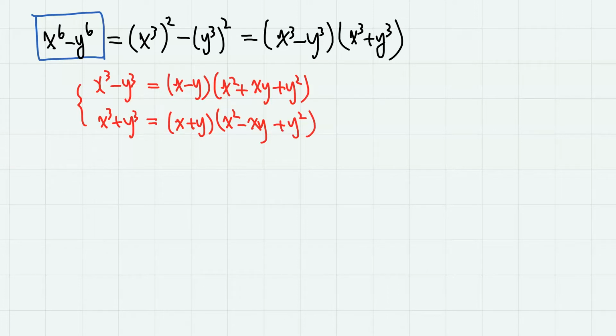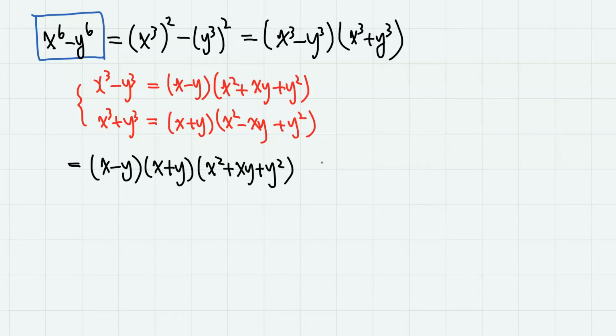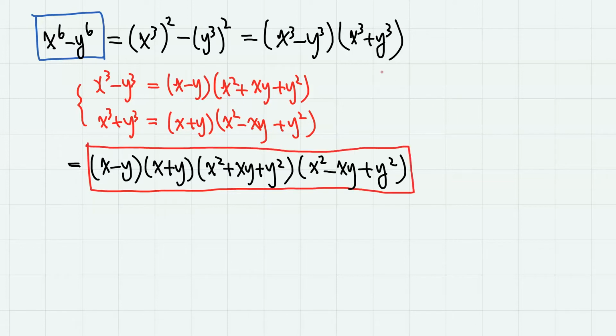And if we apply that, we have x minus y. And let's actually write the polynomial of the lower degree first. So if you write x plus y first, then we have x squared plus xy plus y squared, and the remaining one is x squared minus xy plus y squared. And this is the answer.